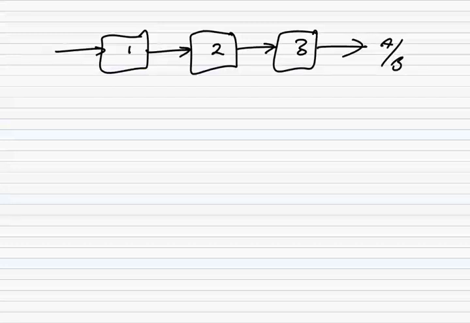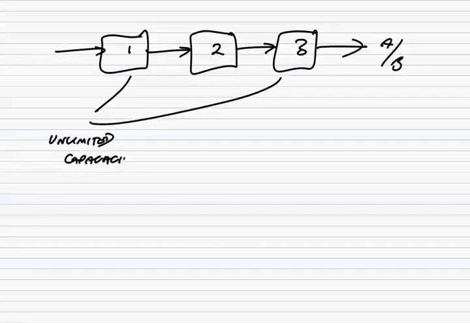And what's likely to happen in real life is where there are limits on us, that it's one of the machines that's causing the problem. Perhaps, for instance, machines 1 and 3 have effectively unlimited capacity. But machine 2 is the one that's slowing us down. Perhaps machine 2 has limited hours.